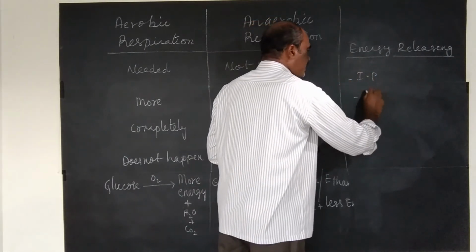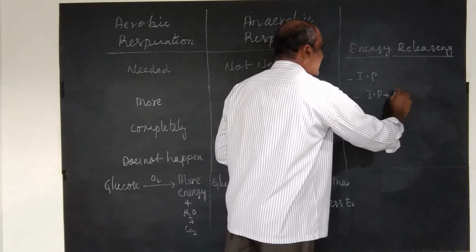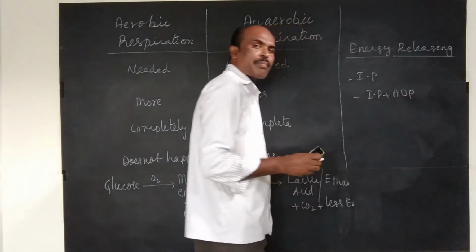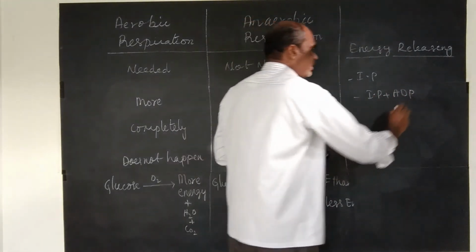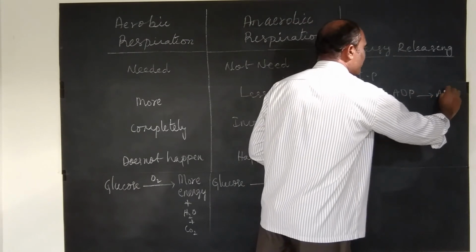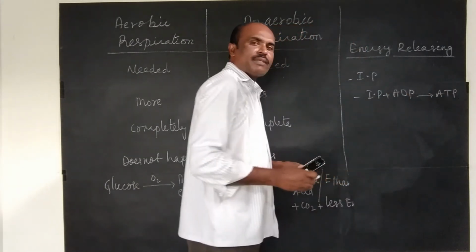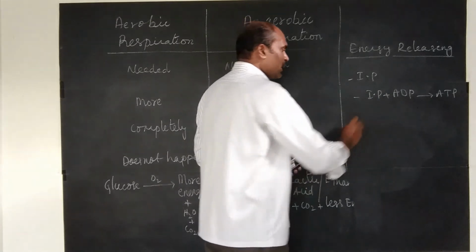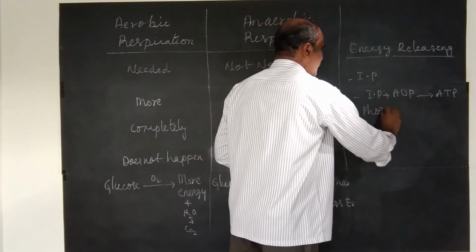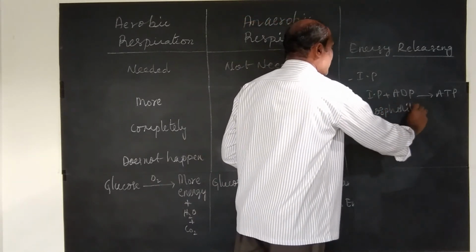So this IP combines with ADP, adenosine diphosphate, resulting in the formation of ATP. This process is phosphorylation.